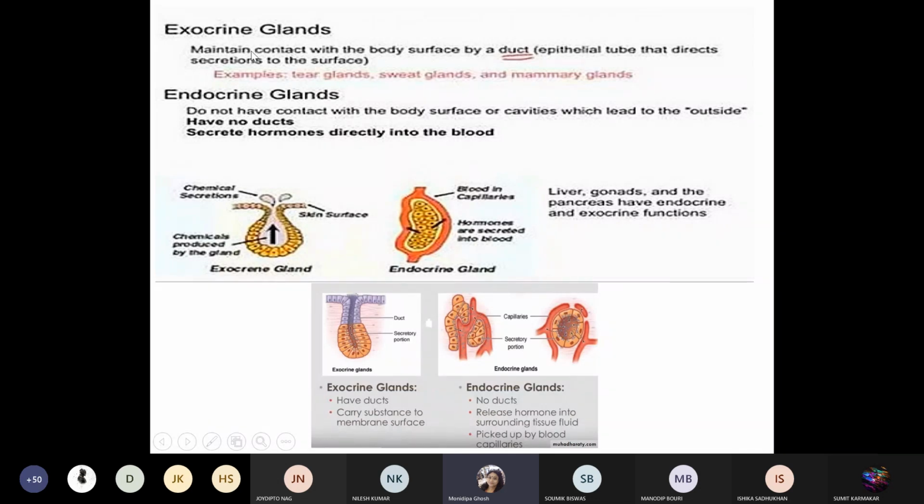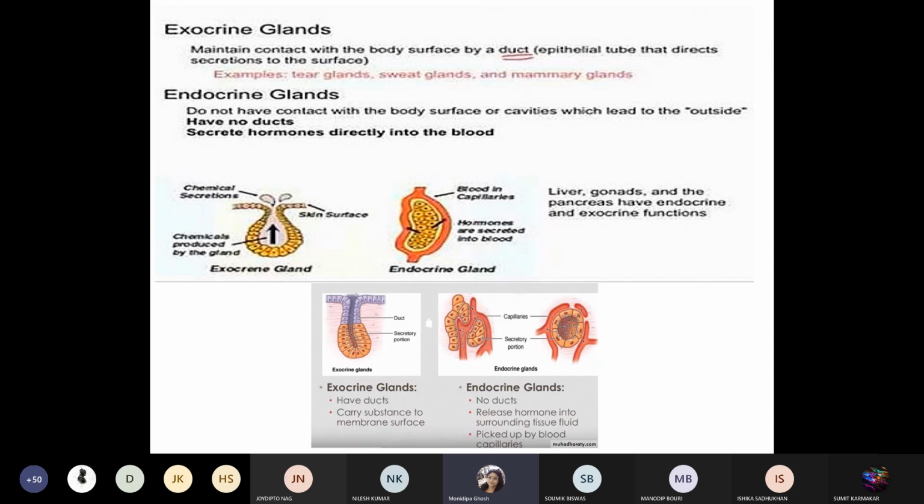Examples of exocrine glands are tear glands, sweat glands, and mammary glands. Tears from the cells of the eye are just released and you can touch them. Sweat, the epithelial membranous cells secrete sweat and you can touch it directly.